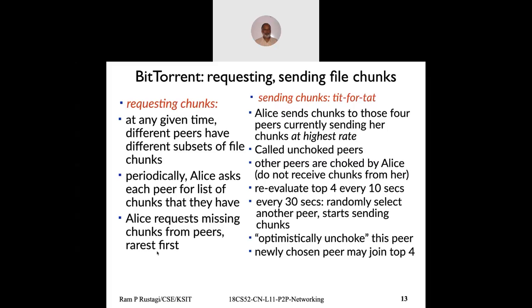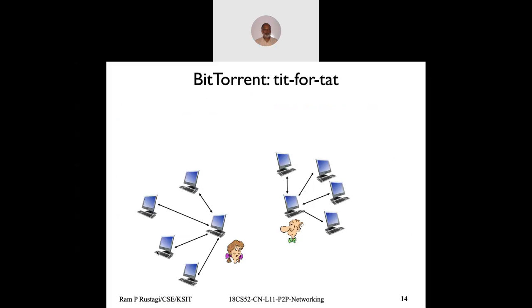I can look at some other peer as well which is not sending me data, connect to it, start getting data, and if that peer sends me data at a better or higher rate, I'll bring that peer into my list of top 4, and that's called optimistically unchoking a peer. If the peer belongs to my top 4 group, I bring it into that group, otherwise I keep my 4 peer group. And that is how data is being shared.